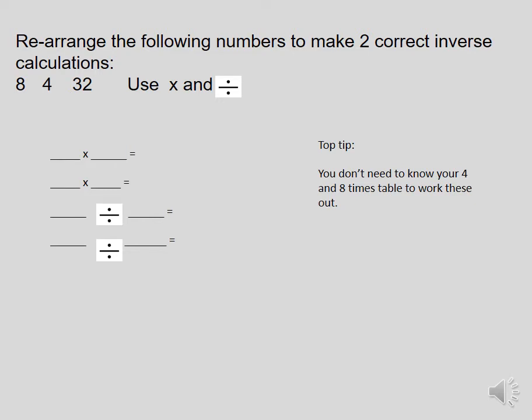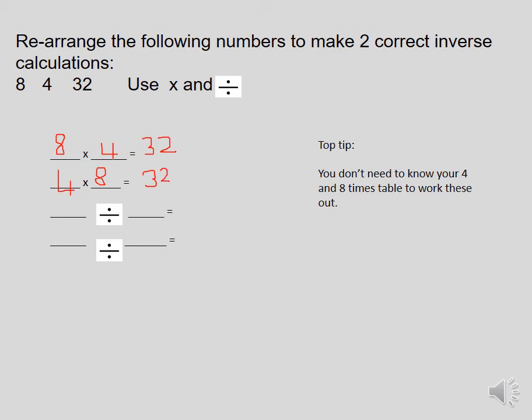Okay, so we might start with 8 times 4 equals 32. Now, you might have known that you don't actually need to know your 8 or your 4 times table for this question because you're just using these 3 numbers. So if 8 times 4 equals 32, then 4 times 8 also equals 32. We're just swapping the numbers around.